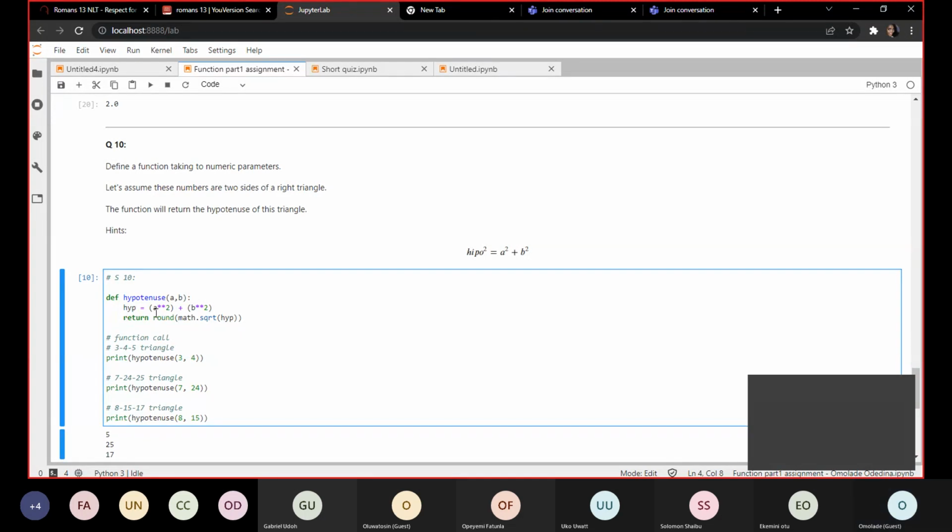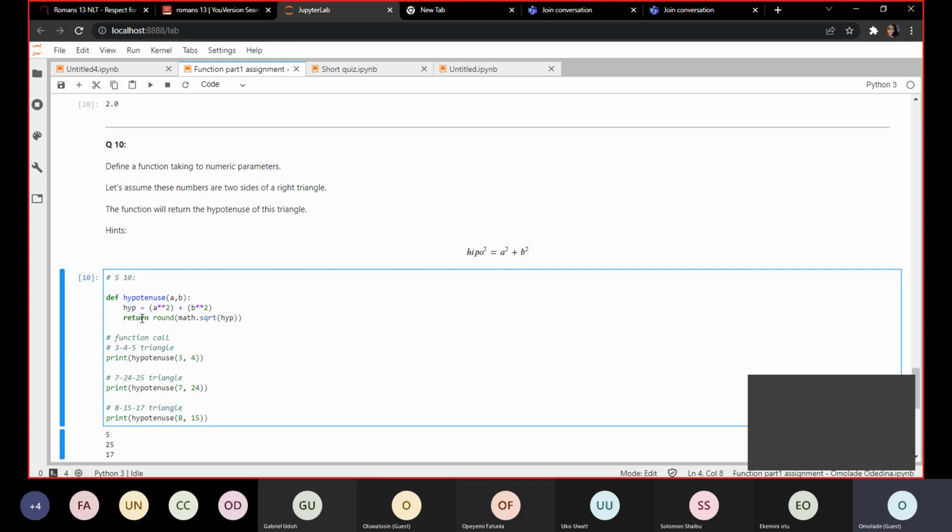And this is the way to write squares in Python: you use two asterisks. One asterisk is multiplication, two asterisks means raised to the power of something. So we have the equation here, a square plus b square.